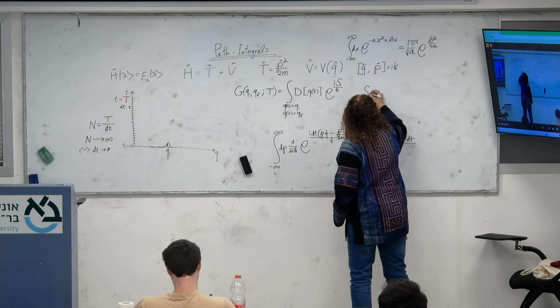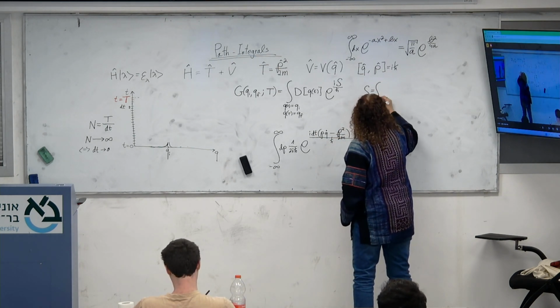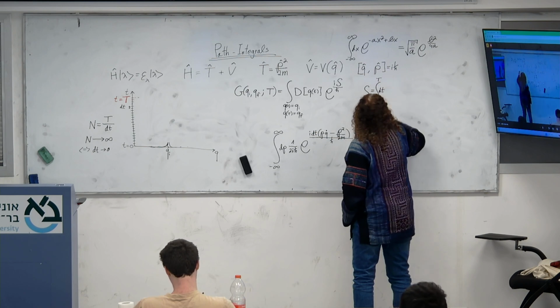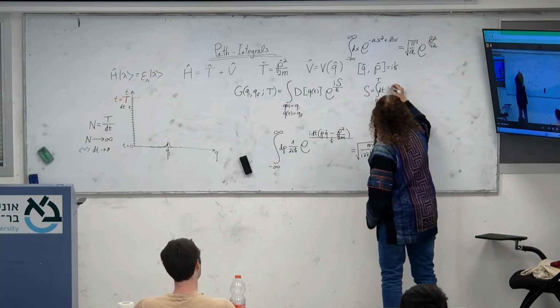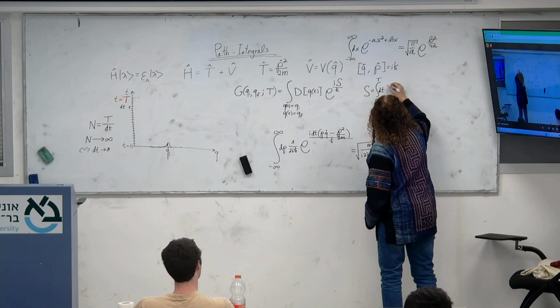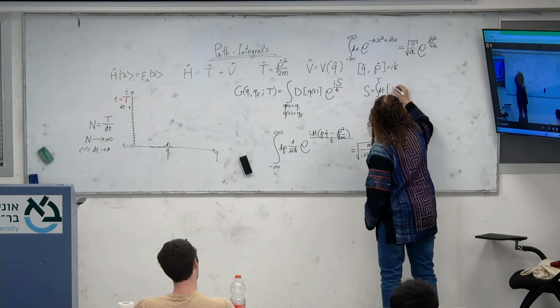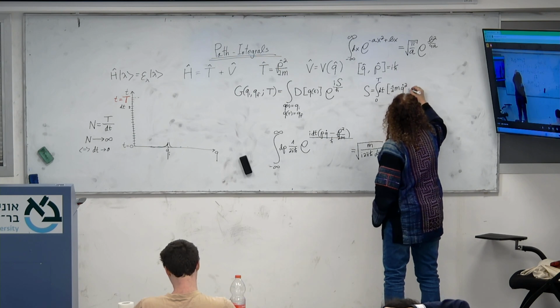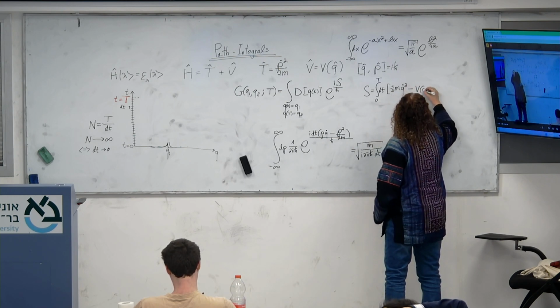S is in fact the integral from 0 to T of, let me write it explicitly, half m q dot square minus V of q.